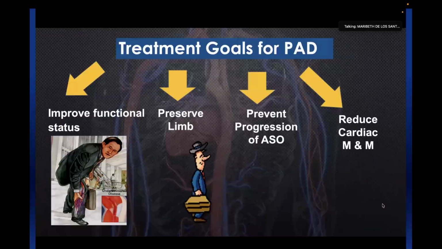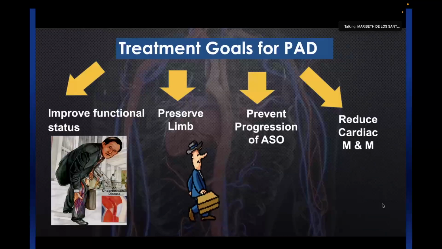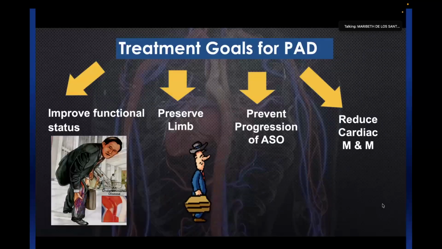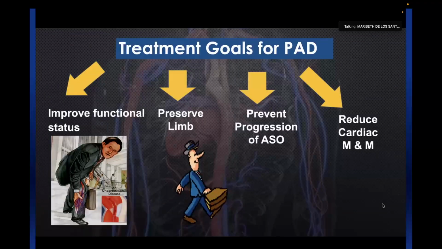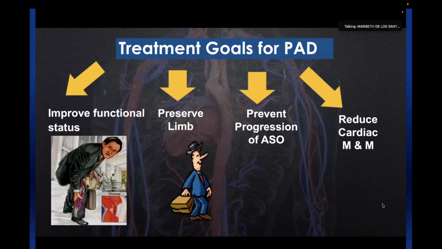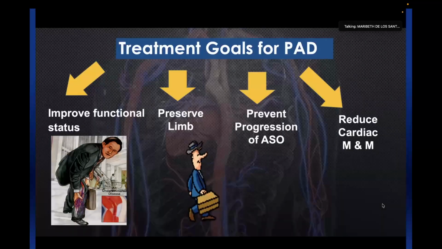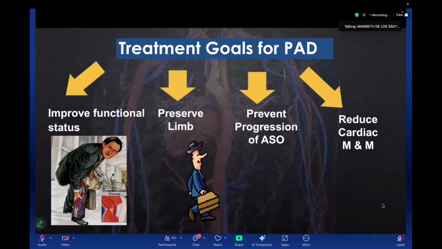So what are the treatment goals for PAD? Once a patient is diagnosed with PAD, the goals of treatment are, number one, you want to improve the functional status. For example, we want the patient to walk for a longer period of time before he would experience calf pain, or his non-healing wound. We want his non-healing wound to heal so as to avoid amputation.